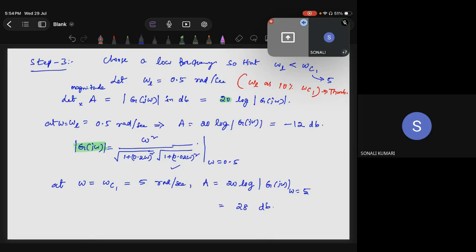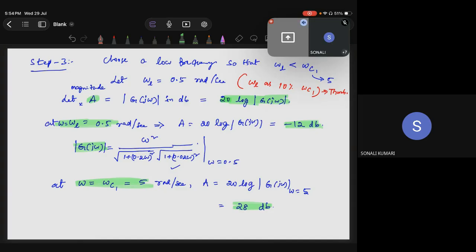So we are finding the two expressions: the magnitude of A at omega equal to 0.5, which is omega L, and at omega C1, sorry, 5. So the first one is minus 12, the second one is 28 dB. Clear? That is step 3.